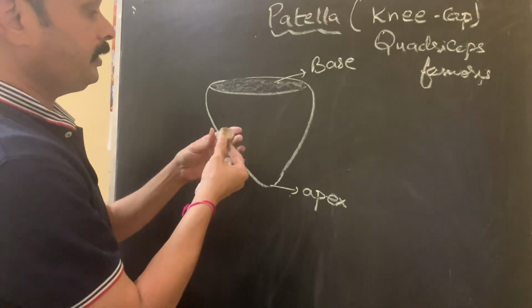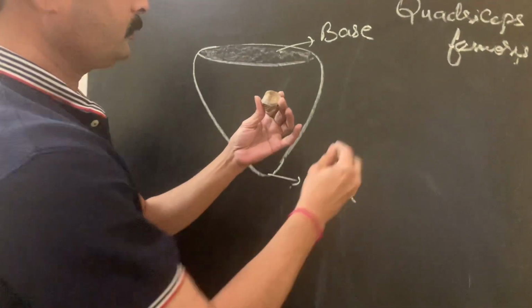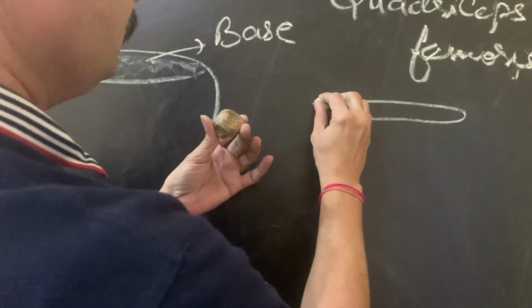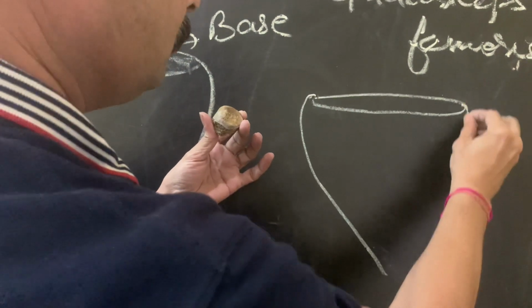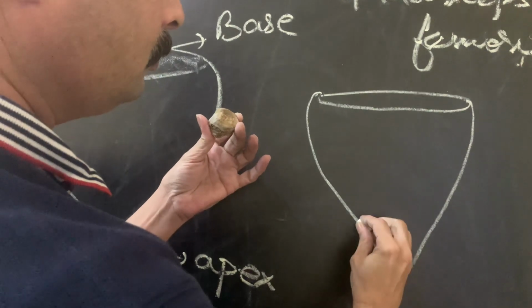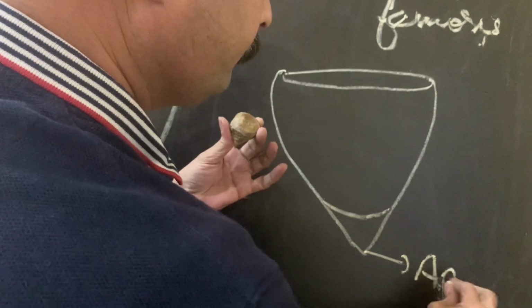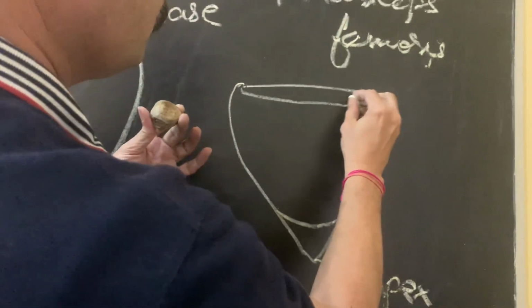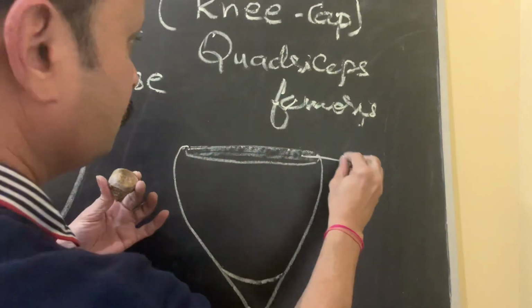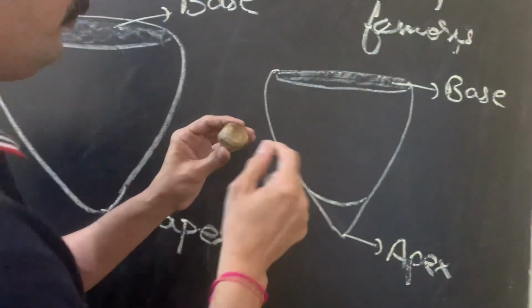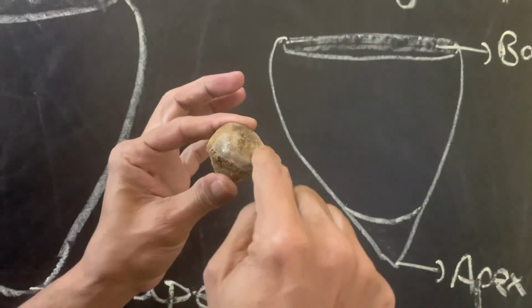If you see from behind, this is the base, and this one is the apex. And it consists of two facets.